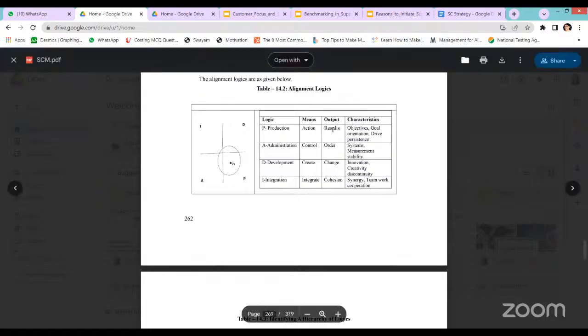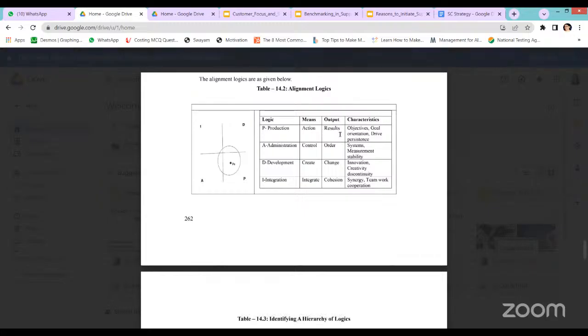Production results means output, goal orientation, and drive persistence. Administration involves control; it brings order to all the systems and the people involved in the organization, brings them to the standards, and maintains stability. Development is changing what exists into what is required.